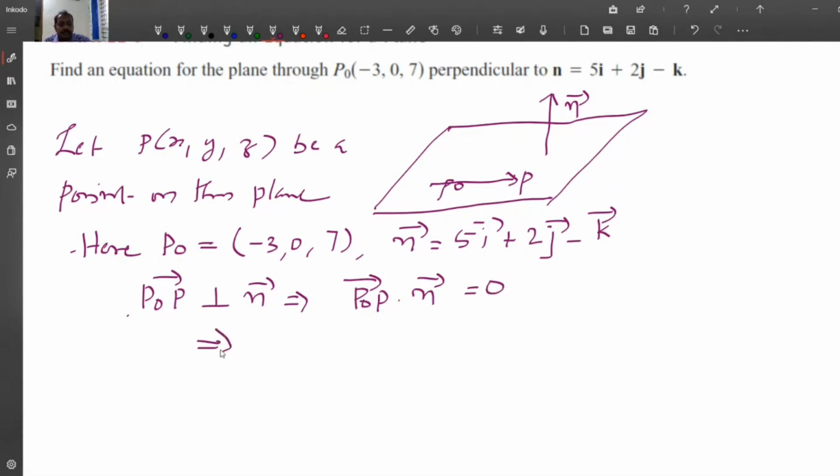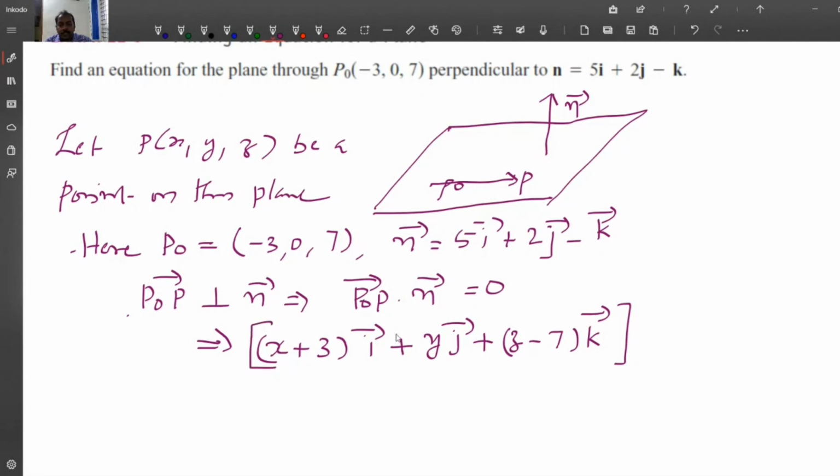So p naught p dot n equal to 0 means x plus 3 into i plus y j plus z minus 7 k, dot n, which is 5i plus 2j minus k.